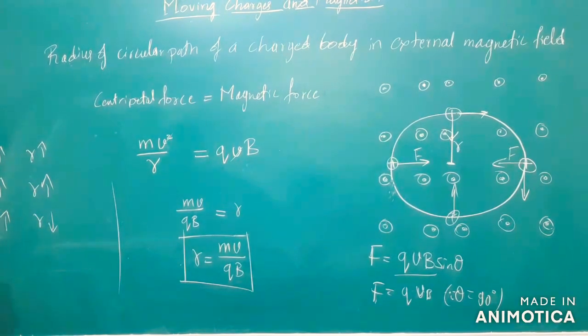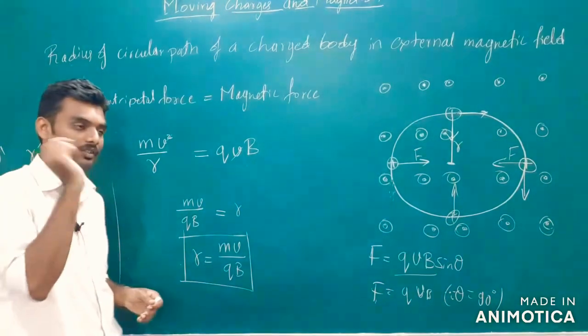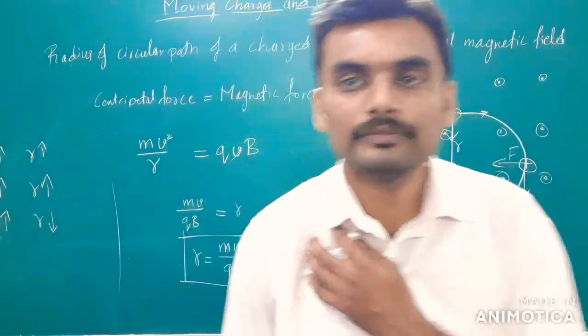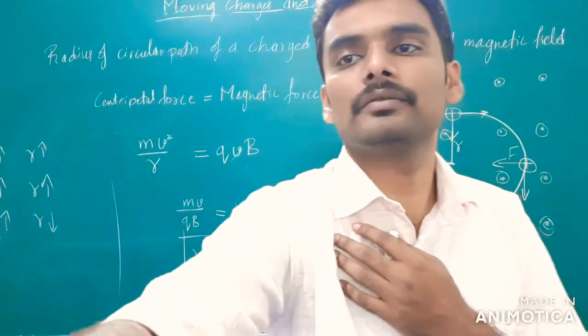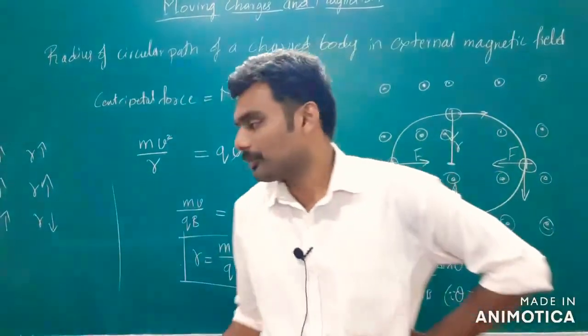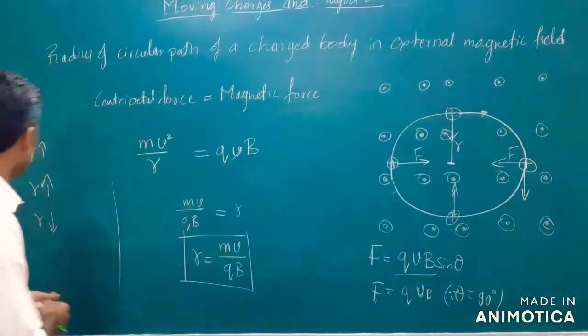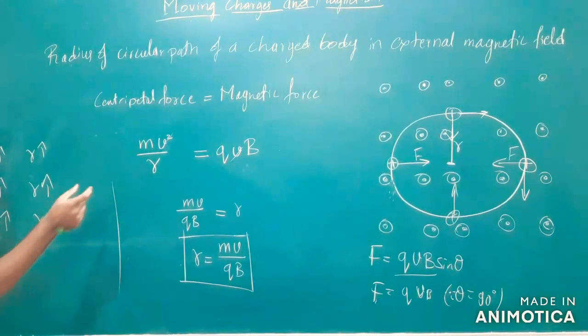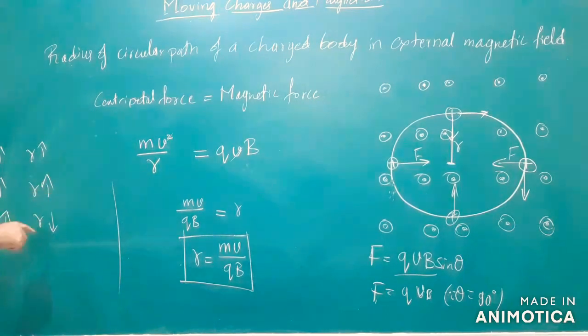So if I throw a body with more charge, that is expected to rotate in a circular path of lesser radius. It would take a circular path of lesser radius.